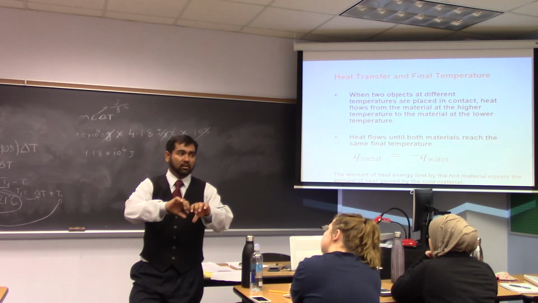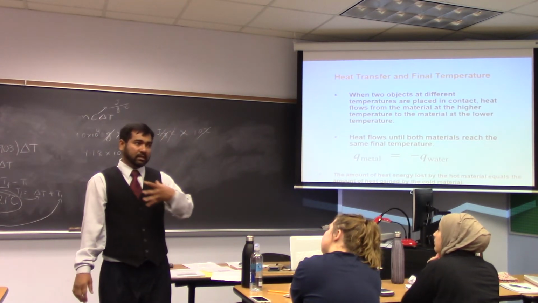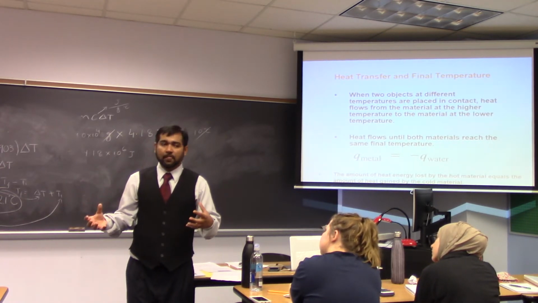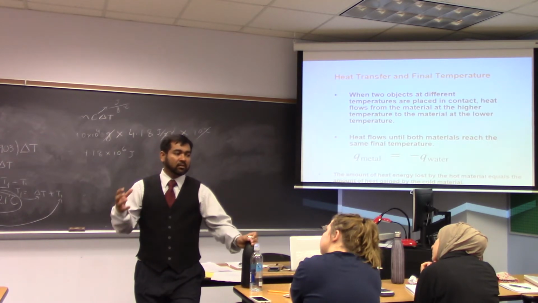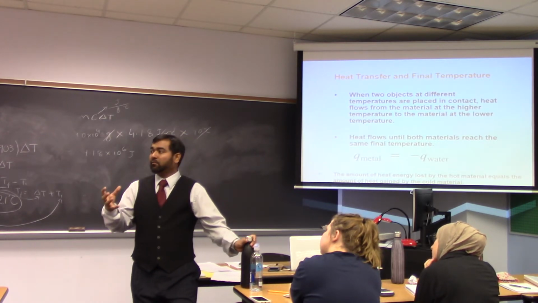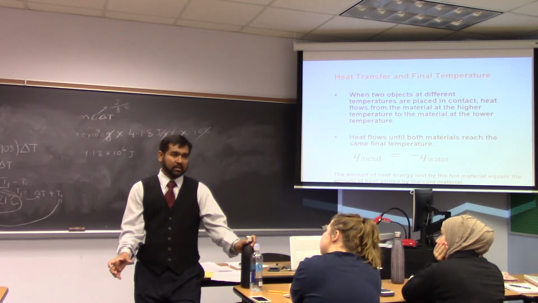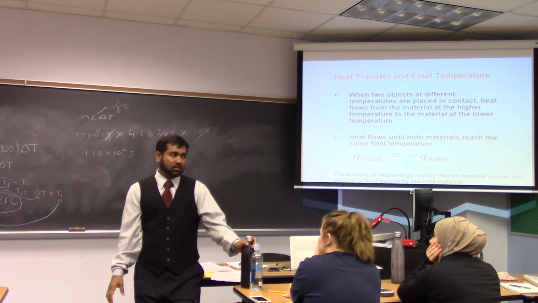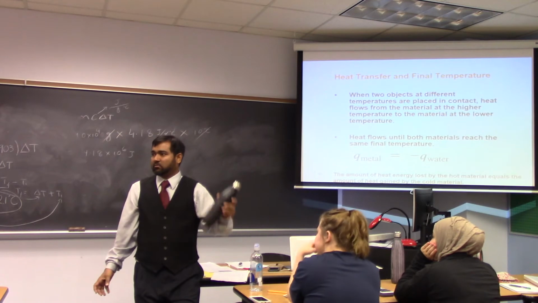You mix them together, and finally the cold one will be absorbing heat from the hot one. So do you think the amount of heat absorbed by the cold water is going to be equal to the amount of heat released from the hot water? Yes, it has to be the same, because the heat released by the hot water is taken by the cold water.